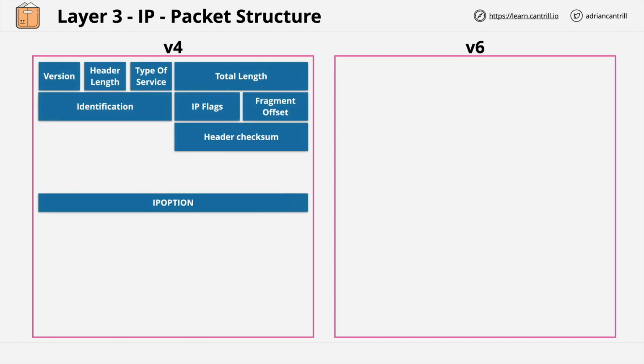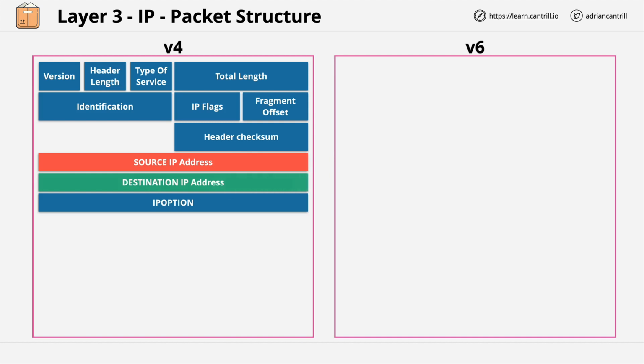I'm not saying any of these are unimportant, but you don't need to know exactly what they do at this introductory level. Things which are important, though: every packet has a source and destination IP address field. The source IP address is generally the device IP which generates the packet, and the destination IP address is the intended destination IP for the packet.